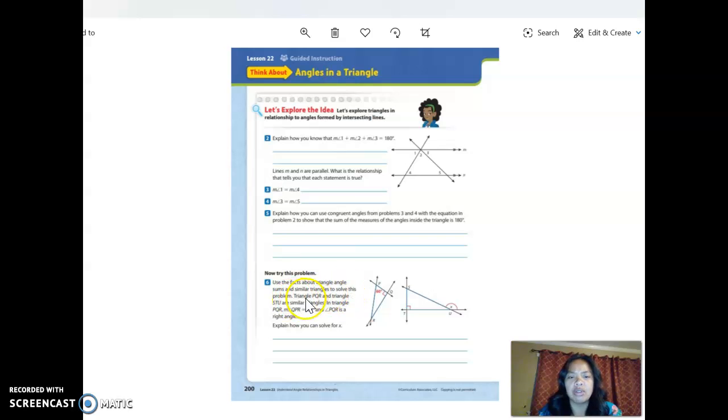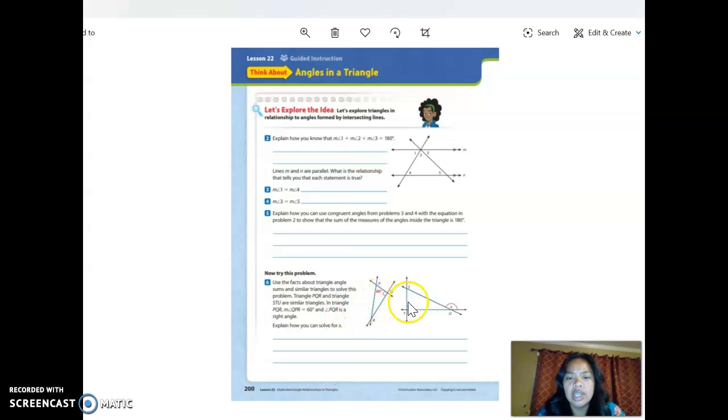Okay, number 6, it says use the fact about triangle angle sums and similar triangles to solve this problem. Triangle PQR, so from here in order, PQR and triangle STU are similar triangles. In triangle PQR, the measurement of angle QPR, so this measurement right here, angle P, is 60 degrees, and it says triangle PQR is a right triangle.